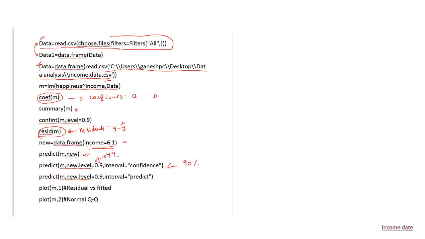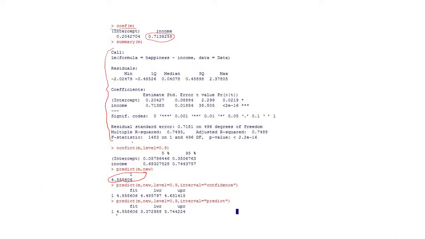Okay, this gives the 99% interval. In that case, your 90% confidence interval is this. This is the lower limit. This is the upper limit, and this is the fitted value. This also gives you the fitted value.